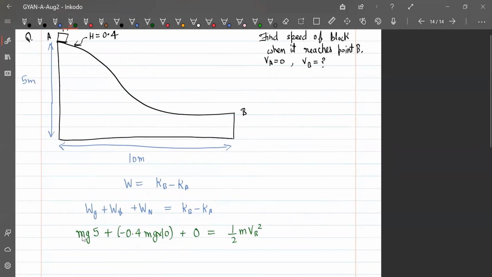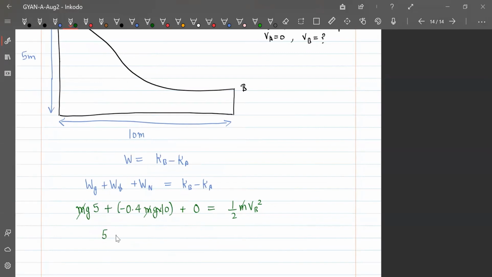And luckily all of the m are getting cancelled out. 5 minus 4 equals half vB square. What's the value of vB here? It should be 50 minus 40. What's the value of vB? Root 6?